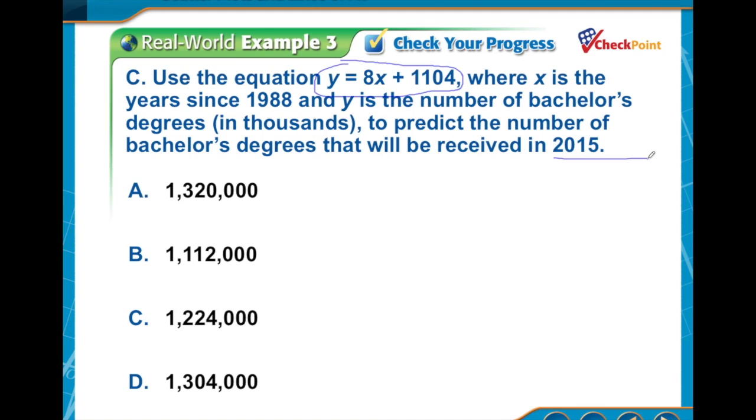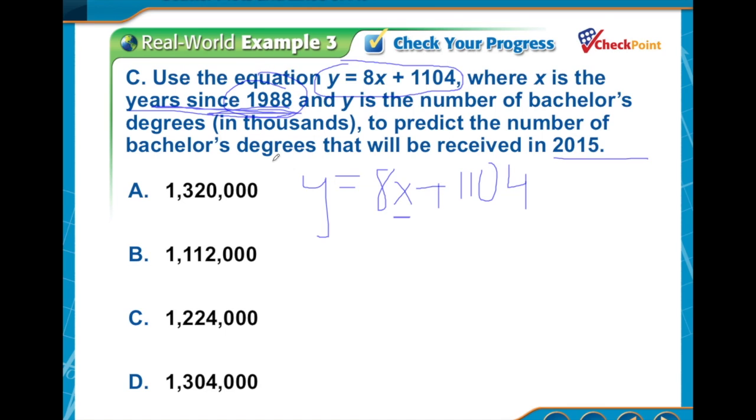So in order to get that number, we must plug in the correct number for x into our equation. So we know y equals 8x plus this number here. But what is x? What is this value? Well, x is years after or since 1988.